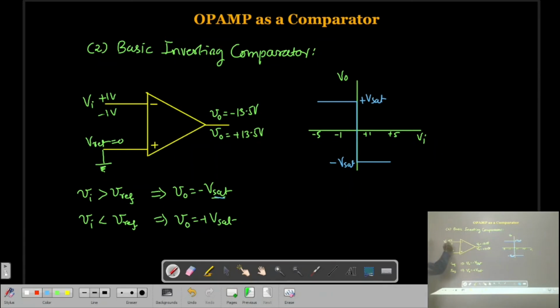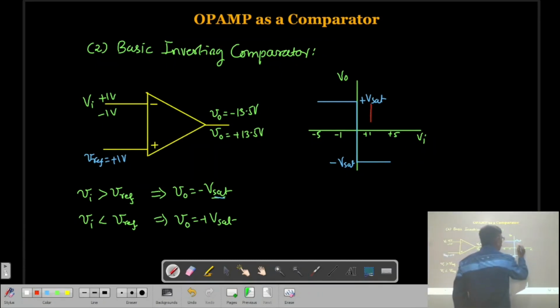Here, if my reference voltage, let us say V reference, is plus 1 volt, then what will be the transfer characteristics? Here at the plus 1 volt, it is going to change the state.